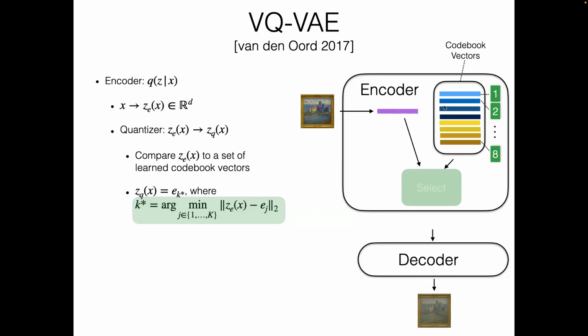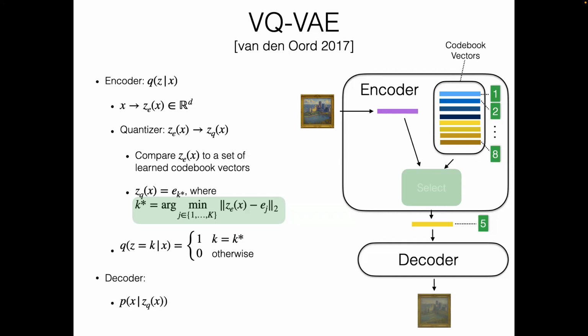And then if you do this lookup, you can associate your encoder value with this discrete index from the codebook. Okay, so in this case, let's say that the nearest vector was this one here. Then we're saying that we're going to encode this part of the image as the number 5.